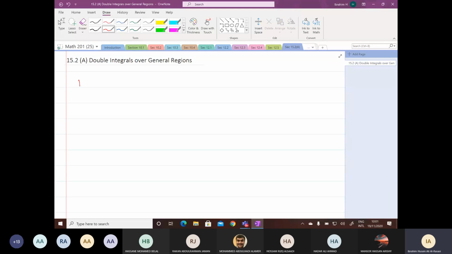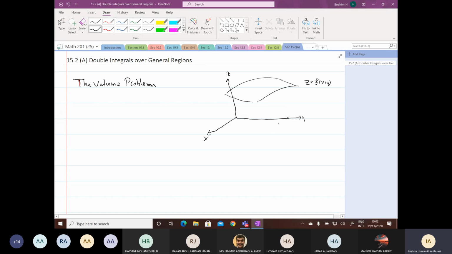We started with the volume problem. It is the following: you have a surface, z equals f of x, y, and we have some region R. The volume problem is to find the volume of the solid below the surface and above the region.